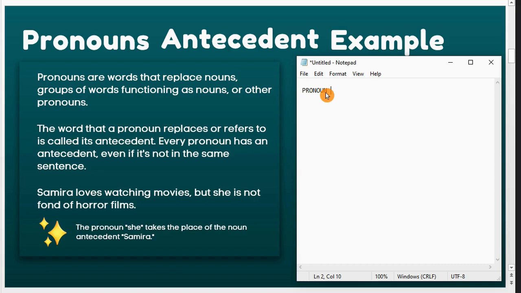Okay, now we talk about pronoun. Pronoun means avoid repetition, in short.